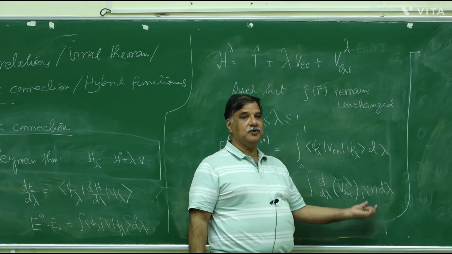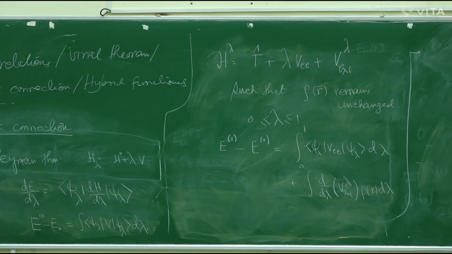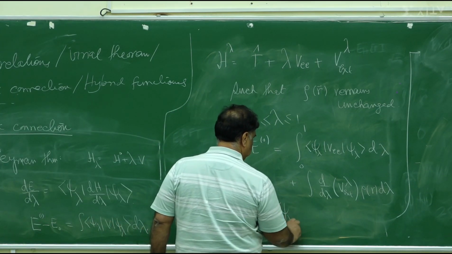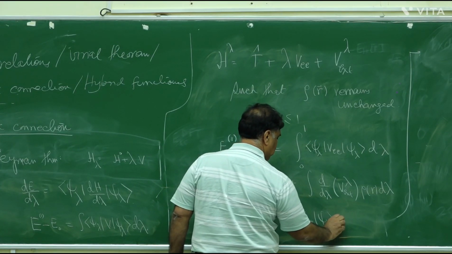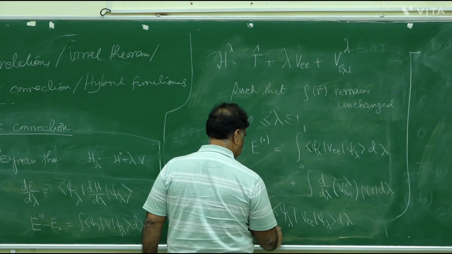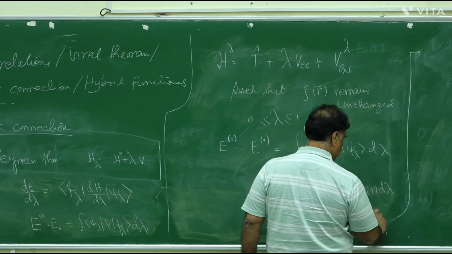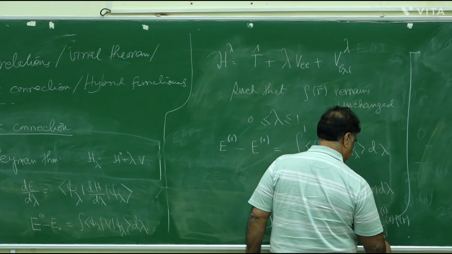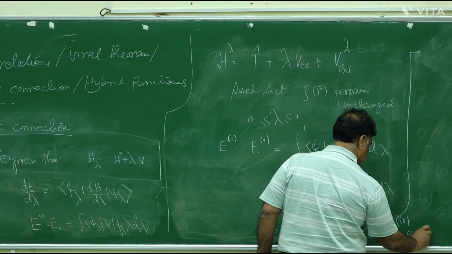Notice that the density remains the same, so this is rho(r). It's a multiplicative thing. And this is nothing but the integration from 0 to 1 of psi_lambda V_ee psi_lambda d lambda, plus the integration of V_1(r) rho(r) minus the integration of V_0(r) rho(r).